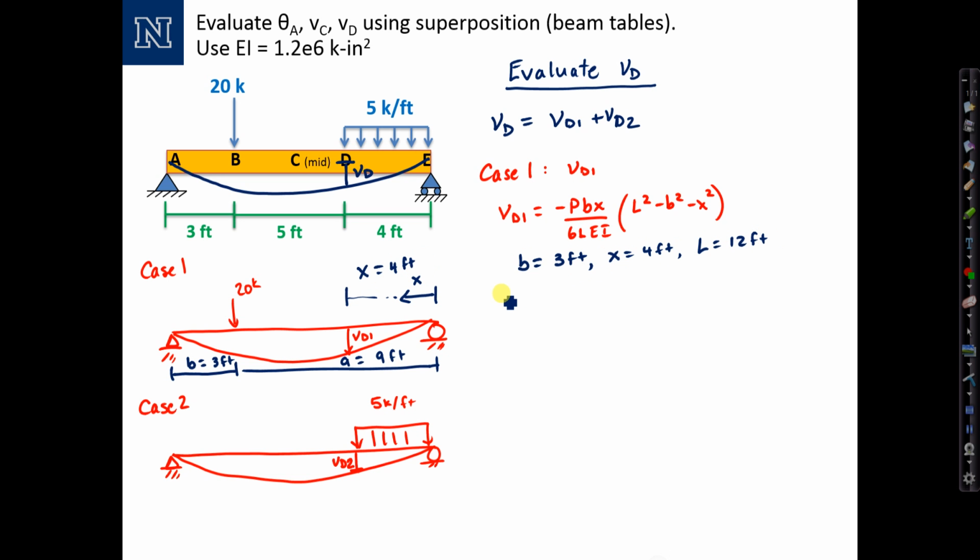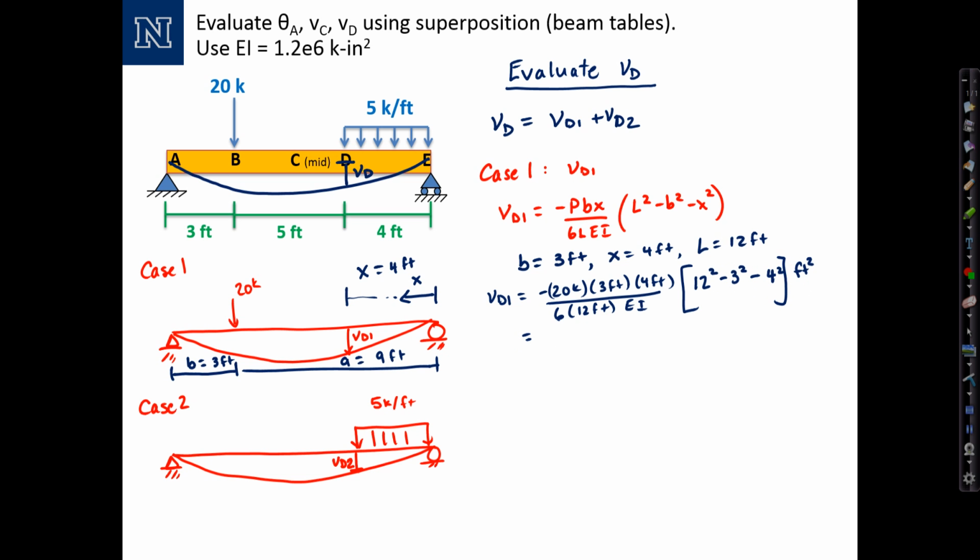Plugging in the numbers, VD1 equals negative P, 20 kips, B 3 feet, x 4 feet, divided by 6, L 12 feet. Leave EI symbolic for now. Multiply by 12 squared minus 3 squared minus x 4 squared. That whole term is feet squared.